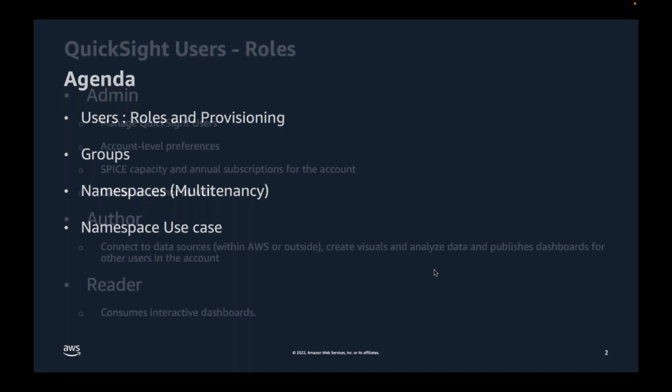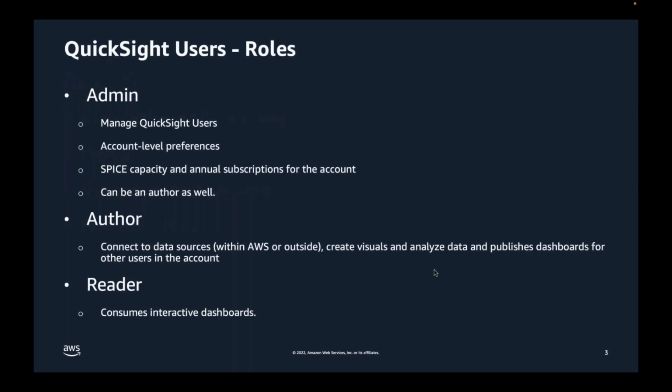I will start with users. So, brief summary. QuickSight users can have three roles, basically: admins, authors, or readers. Admins are the ones on the top of the tree, for lack of a better term, but admins have a lot of responsibilities. Things like they can manage QuickSight users, so they can invite users or add users to the QuickSight account.